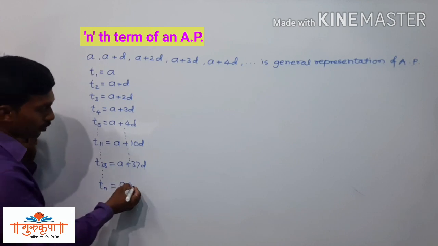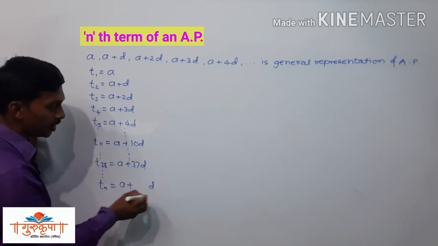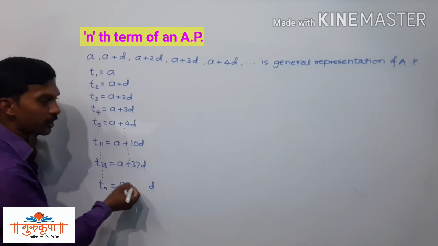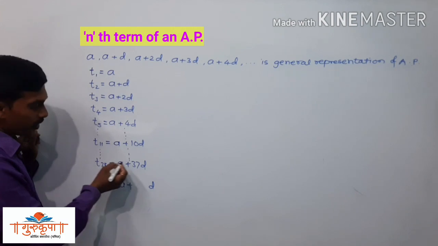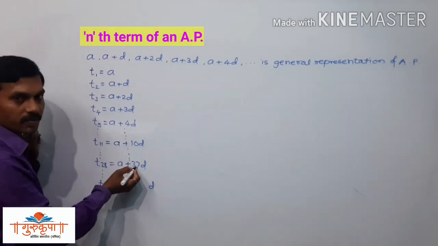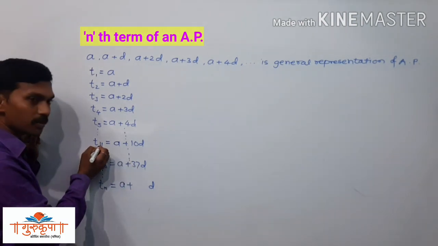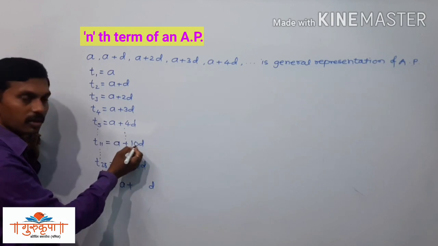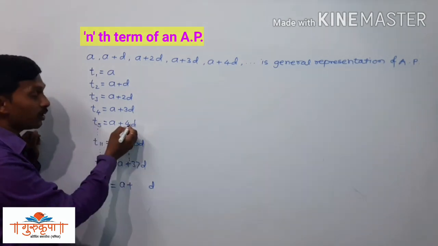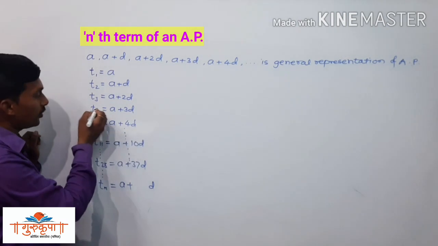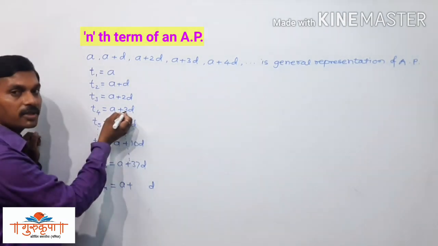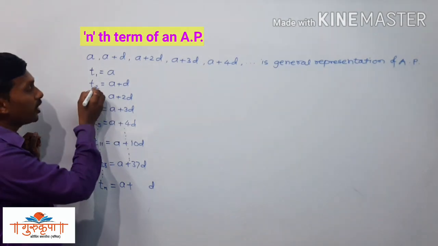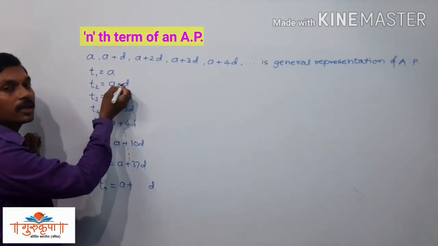Now this is very important, what we have to write here is d, but what is the coefficient of d? When we have the 38th term, at that time we have 37 here. Here we have the 11th term, so we have 10 here. Here we have the 5th term, so we have 4d. Here we have the 4th term, at that time 3 is the coefficient of d. When we have to find the second term, we have 1d.